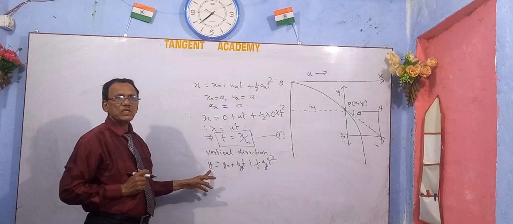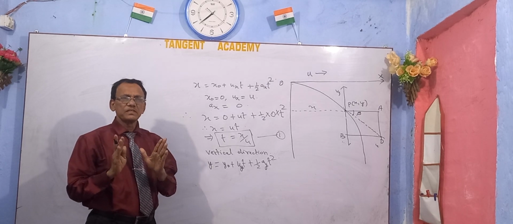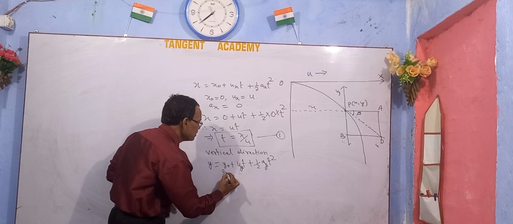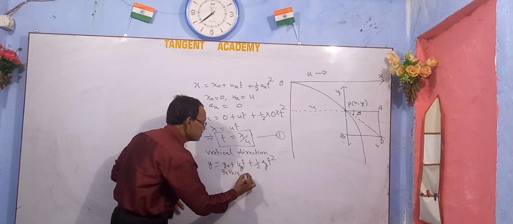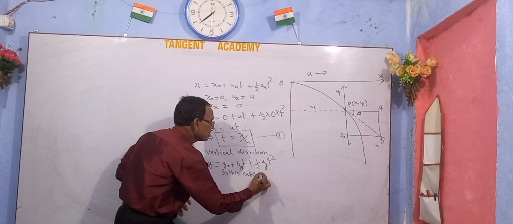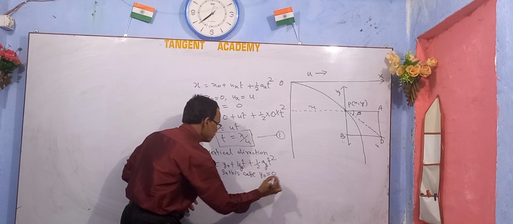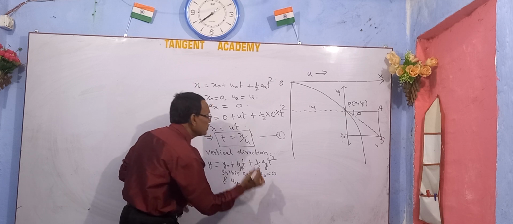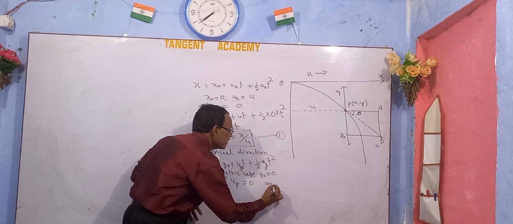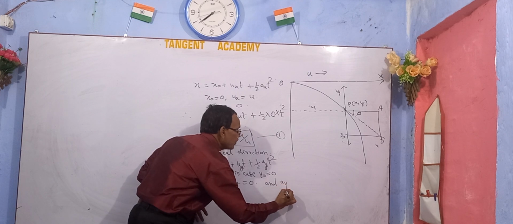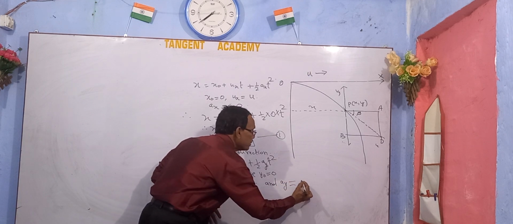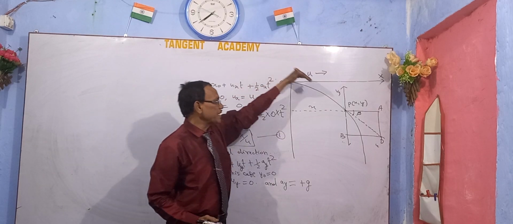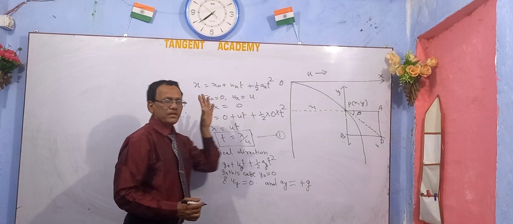So in this case, y naught is equal to 0, and uy is also equal to 0, and ay, acceleration in vertical motion, will be plus g, because it acts vertically downward.